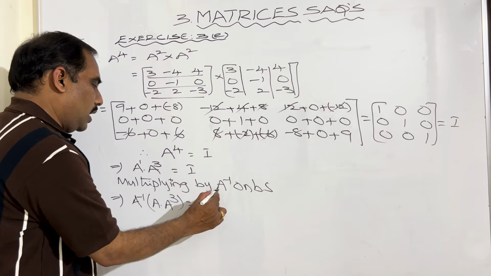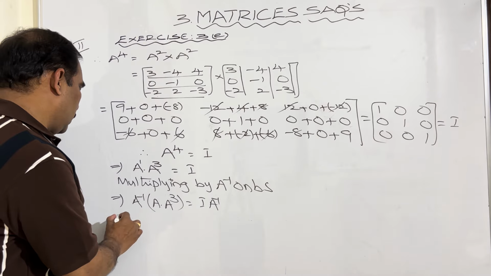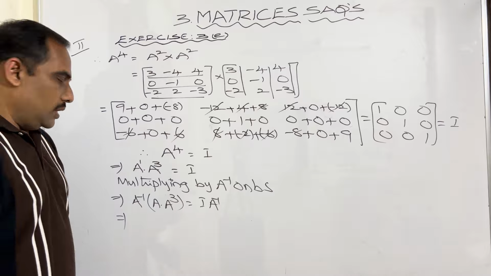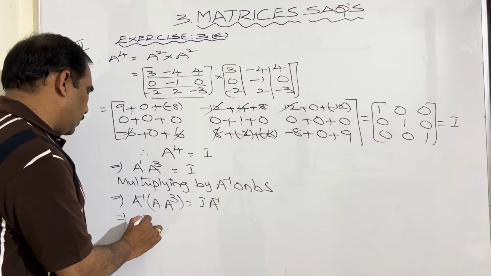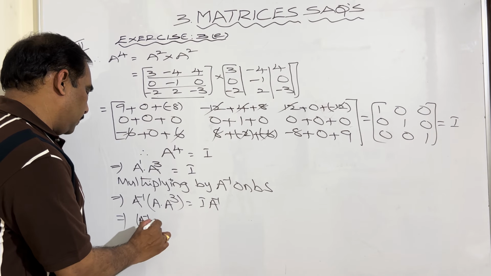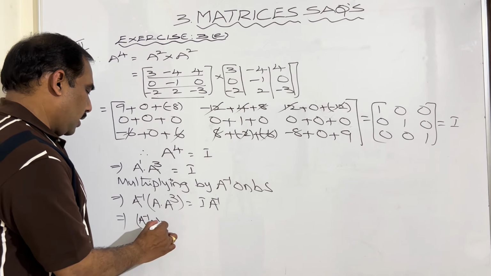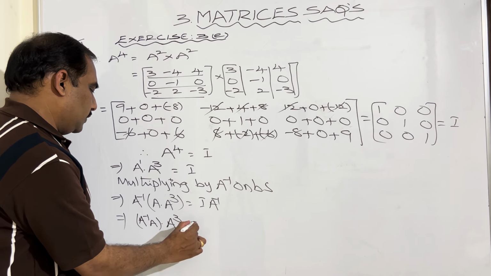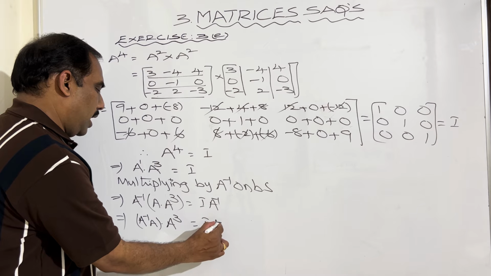Further, considering A inverse into A, these two matrices' product as one matrix, into A power 3 is equal to I into A inverse.